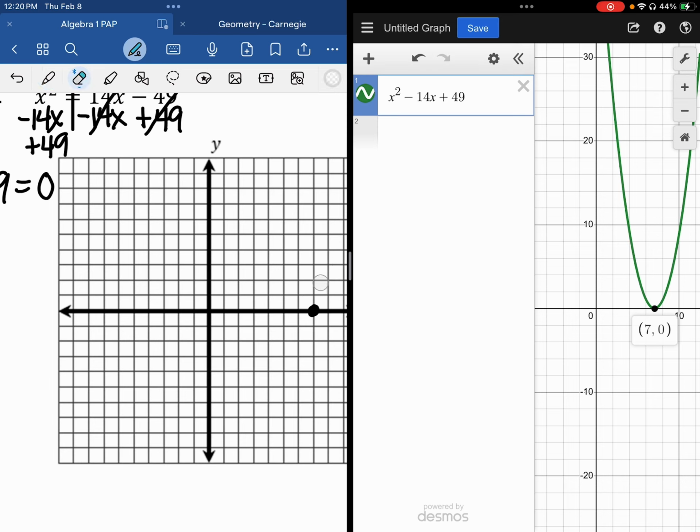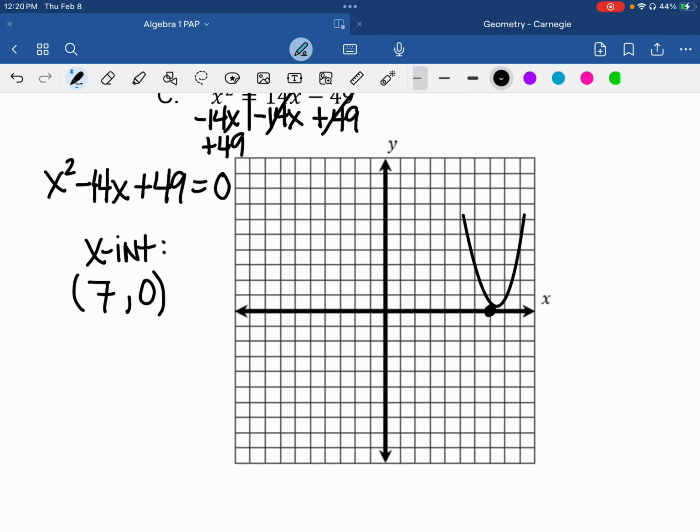It doesn't want to squeeze down there. Here we go, there's my graph. Since it's just a sketch, it's perfectly fine to leave my graph like this. I'm going to get rid of Desmos because I am done using it for now.